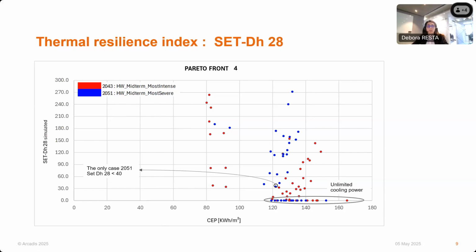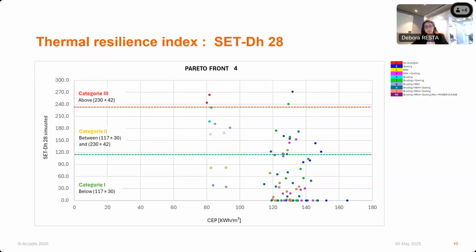By defining the three resilience categories and highlighting the type of strategies, we can conclude that without any strategies, buildings are not resilient, so the red point here is greater than 250. To achieve a good level of resilience, the project must be designed by combining all strategies.